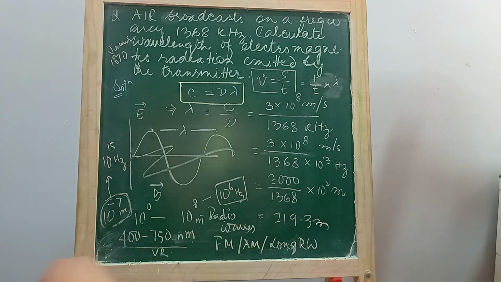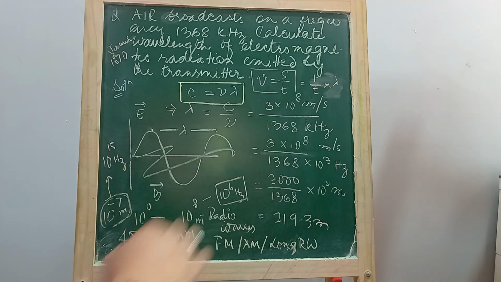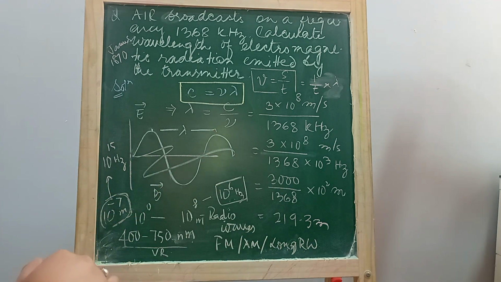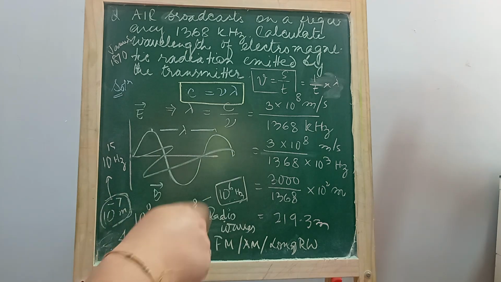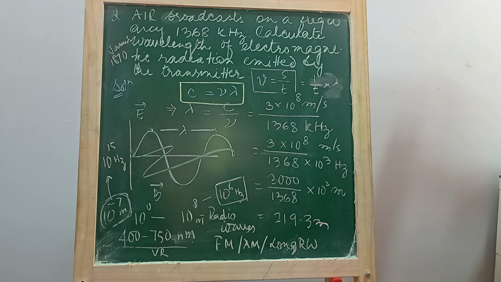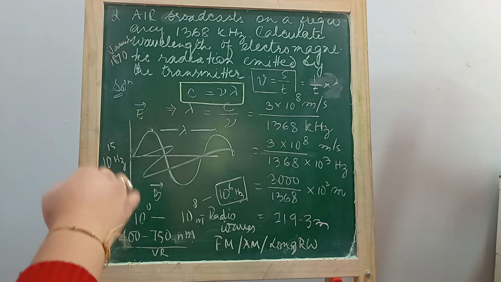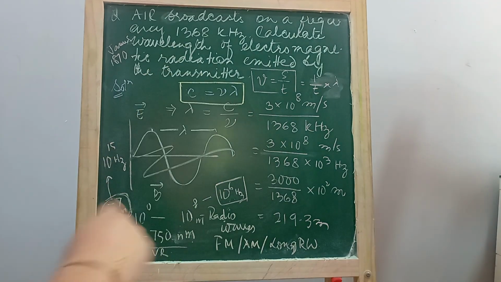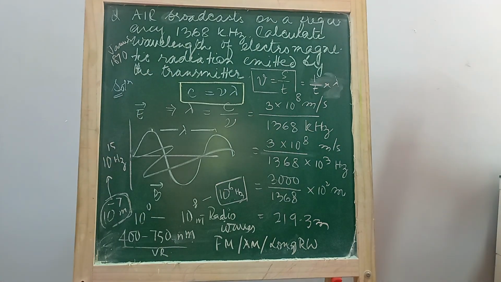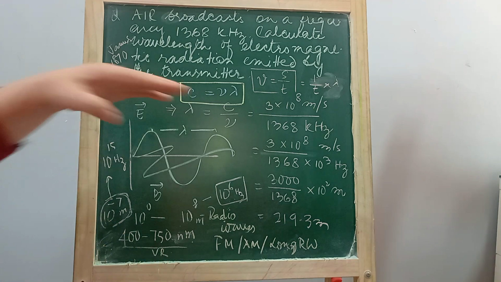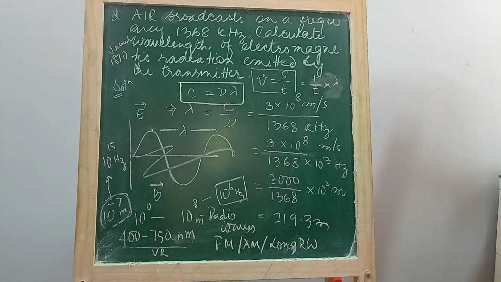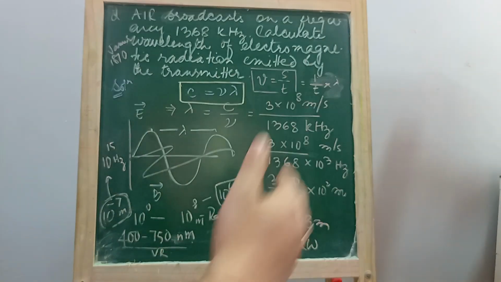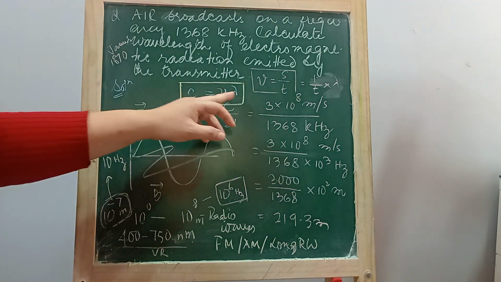Hertz is a unit of frequency. 1 hertz means one wave is passing in 1 second, right? So frequency is the number of waves that are passing through a particular point in 1 second. That's called frequency. There's a relationship between the velocity of the wave, which is constant, its frequency, and the wavelength.